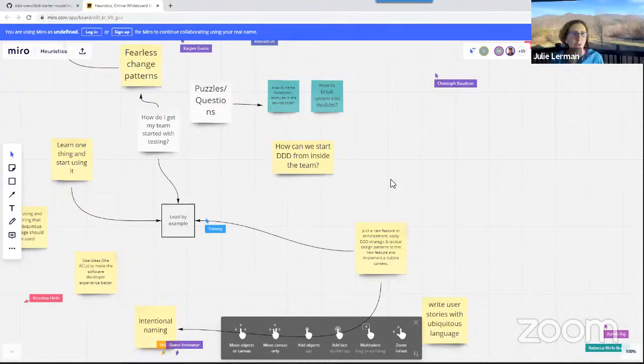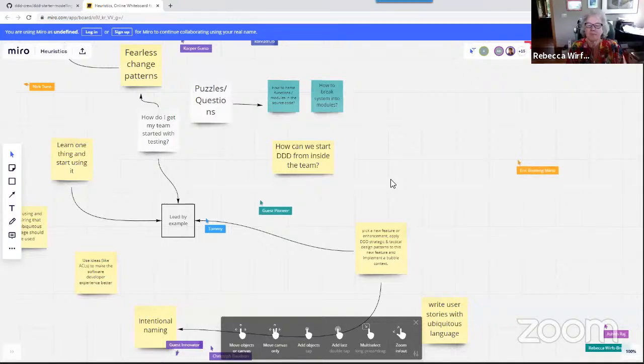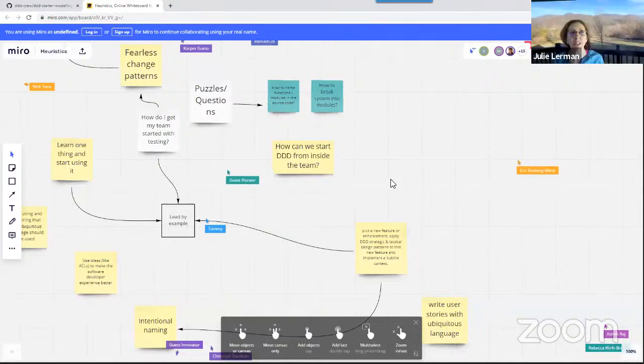So I can give you an example of something I experienced at a company when they had tried to introduce DDD. It hadn't gone well, and then I went in and used my way of interacting with people. This was a big company with a lot of development teams and a lot of different projects.